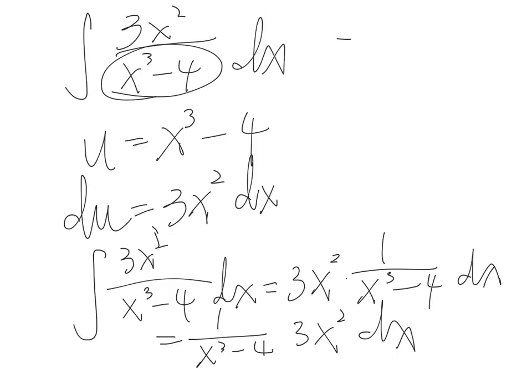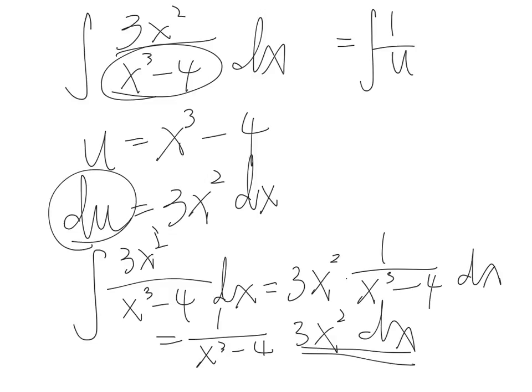Here, 1 over x to the third minus 4 is just 1 over u, so we want the antiderivative of 1 over u, and 3x squared dx is just du.